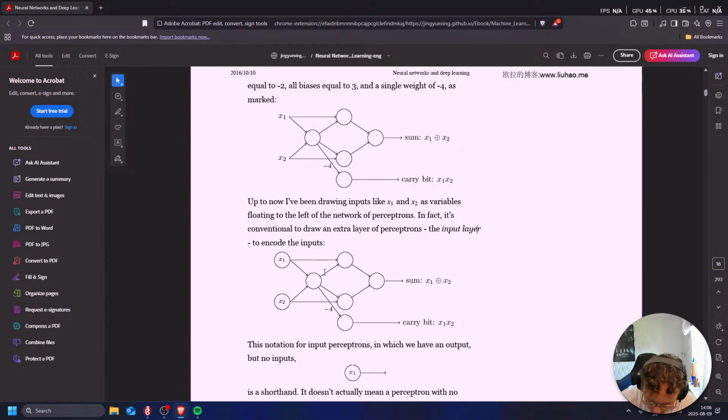And for some reason in AI, it's conventional to write the input as an extra layer of perceptrons, but they are technically still the same. It's the same input. So we're gonna do that as well.